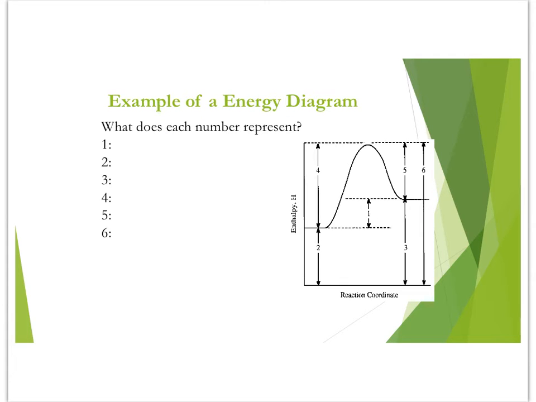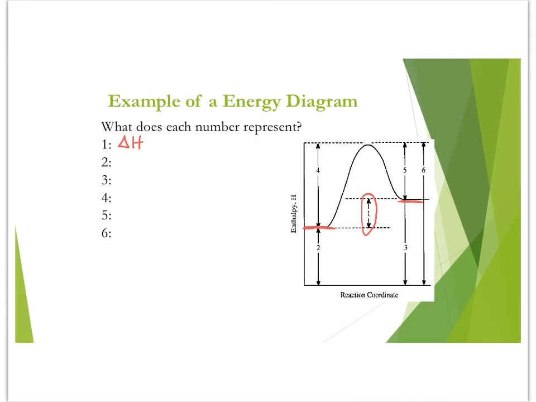So this diagram is a Regents question. You will never have to label an entire diagram on a Regents question, but you'd have to know how to identify each of the individual pieces. So for this, interval 1 takes the difference between my starting and my ending point, so this would be my change. The delta H is never going to hit the top or the bottom of the graph.